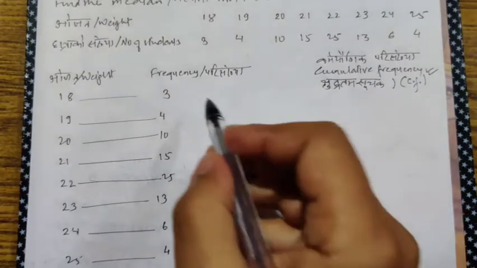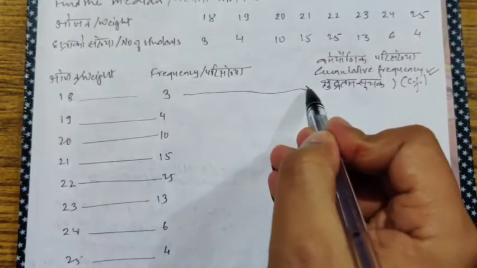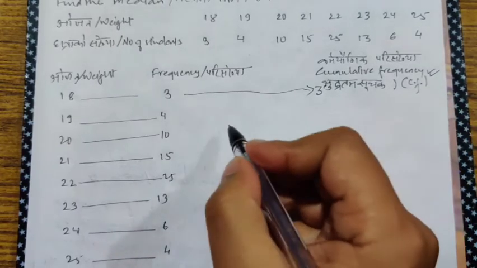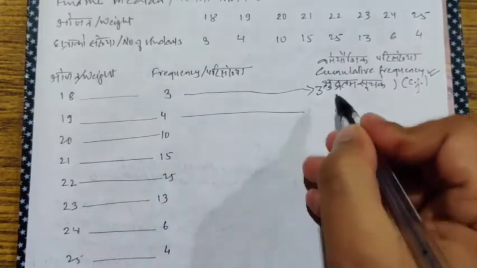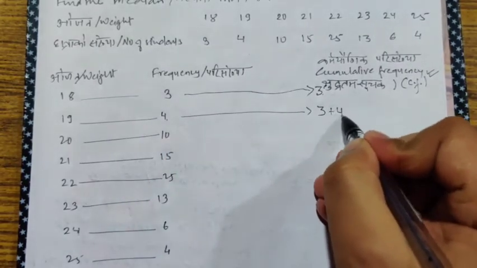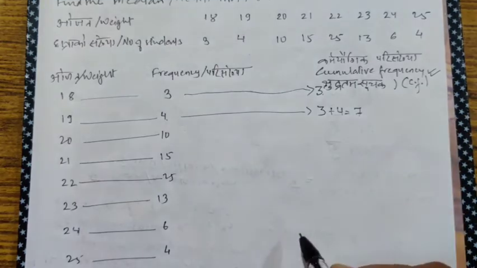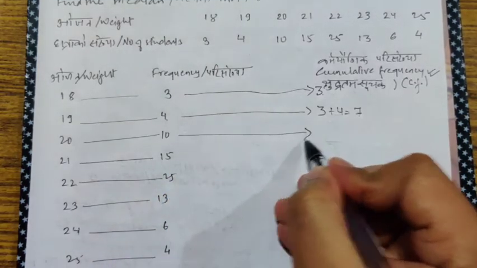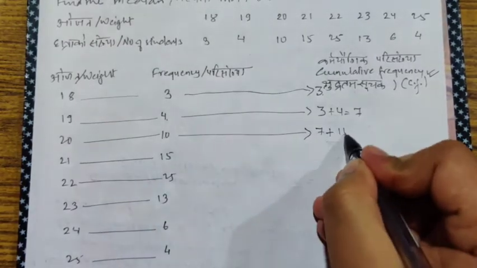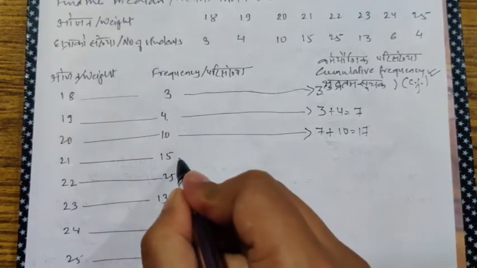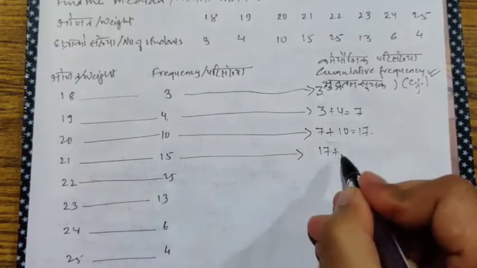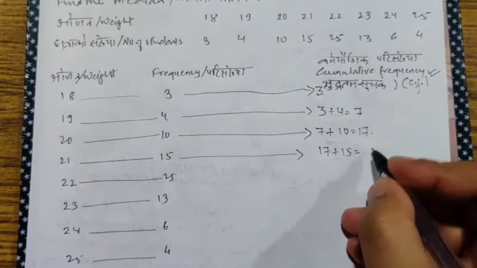How do we find the cumulative frequency? So for the first, our cumulative frequency is 3. For the second, this 3 plus this 4 equals 7. So this is the cumulative frequency. Now for the third one, it will be this 7 plus this 10 equals 17. Now this 17 plus this 15, which is 32.